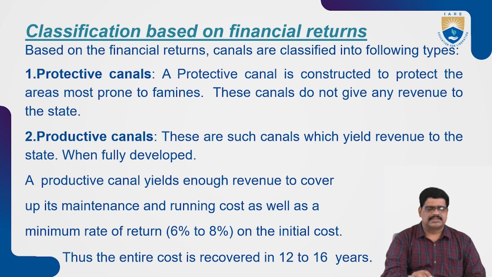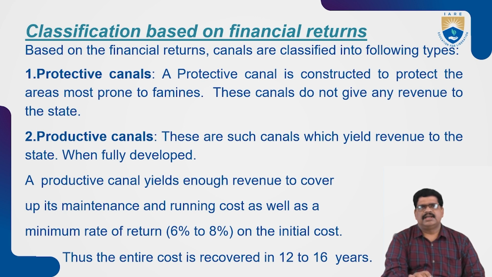Next, productive canals. Productive canals are such canals which yield revenue to the state fully once developed. This revenue comes from collecting water tax, whether it is municipal tax or charges for drinking or industrial supply, as per the bill we are paying. This can be income to the government and municipalities also.